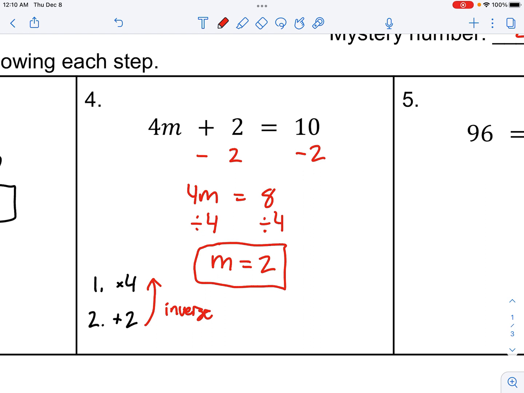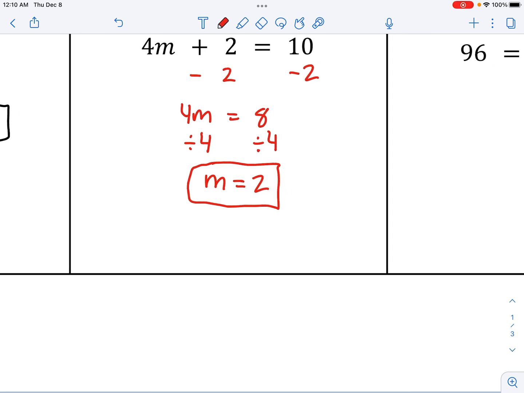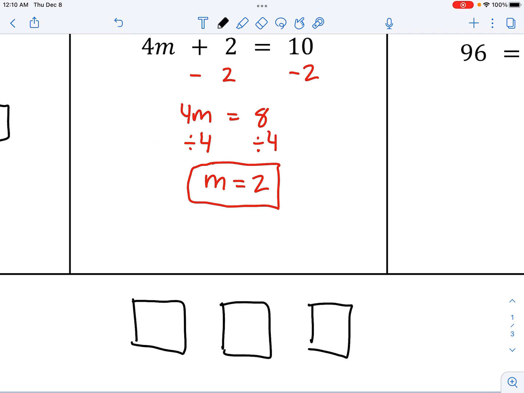If you want to use the mystery number method, let me quickly show you what that would look like. We have our mystery number m. First we multiplied it by 4, then we added 2 to the result and we got 10.